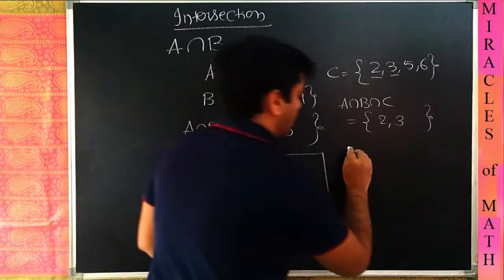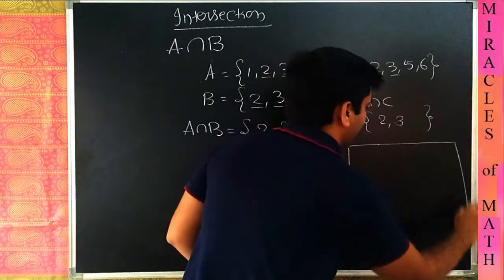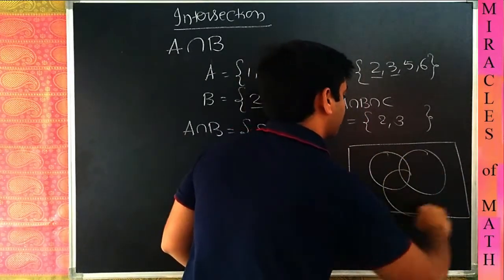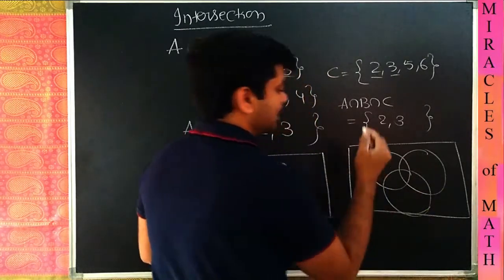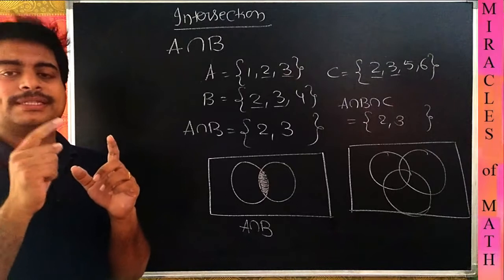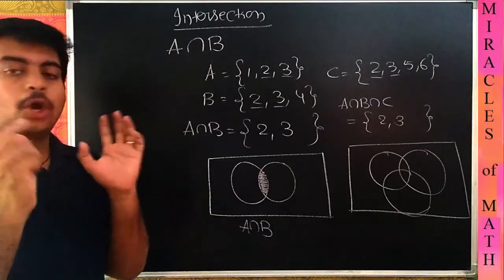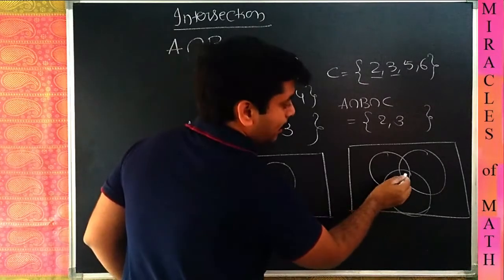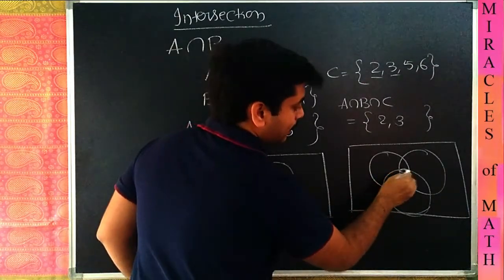So, when you draw this in a Venn diagram, taking 3 circles together, what is the common region between all three? The common region between all three is this part. Carefully observe.